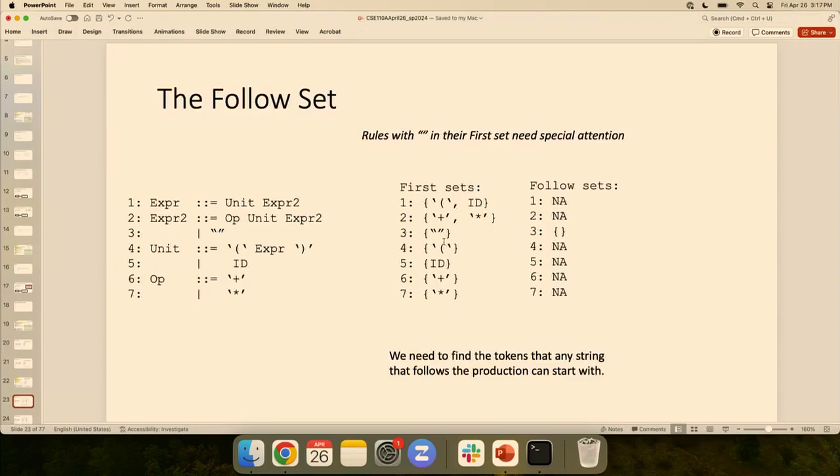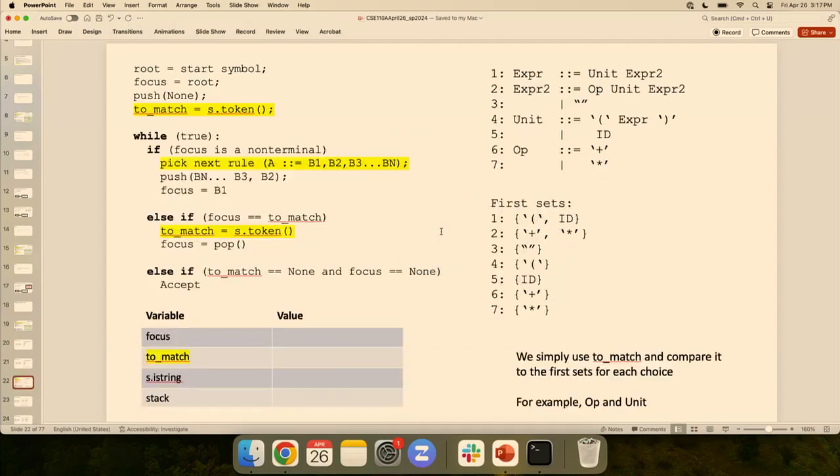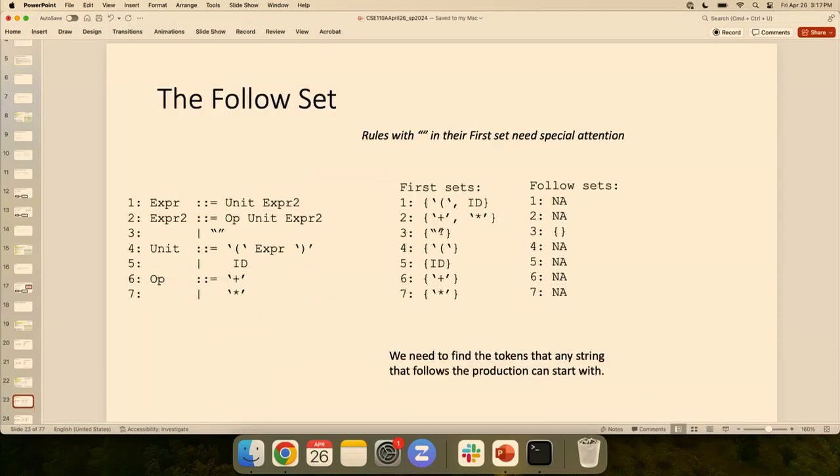Now, the empty string gets a little bit, I don't want to say confusing, but the empty string is always for free. We don't have it here, but remember, when you see the empty string, basically every string kind of starts with the empty string, so you can just pop that one off regardless. What we need to do when we see the empty string is compute what is called the follow set. This is similar to the first set. The first set is the set of terminals that you need to see if you pick that rule.